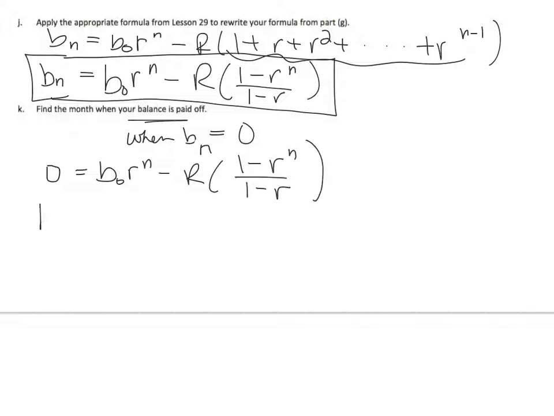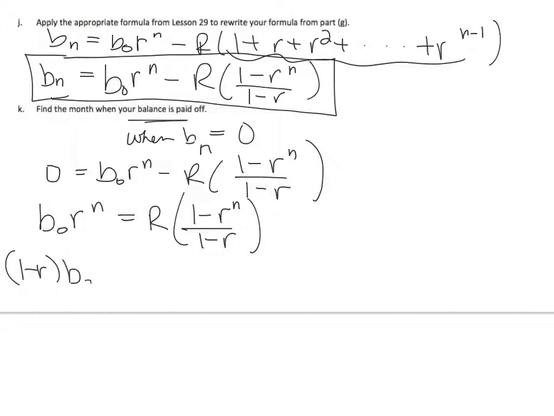So I can go ahead and move this to the left side of the equal sign. And then do some math. I'm going to multiply both sides by 1 minus R. And distribute.